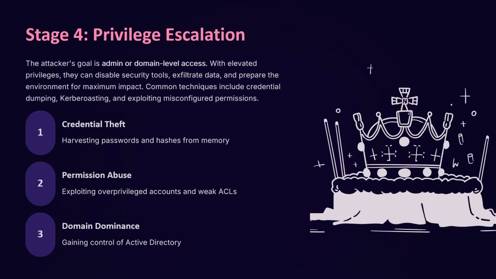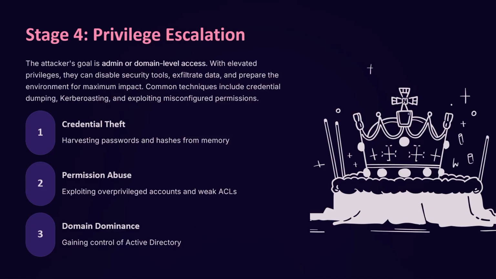Stage 4 is privilege escalation. This is where everything changes. The attacker is no longer just inside, they are gaining control. The goal is admin level access or even domain level control. And once they have that, they can do almost anything. They start with credential theft, pulling passwords, extracting hashes right from memory, then permission abuse.